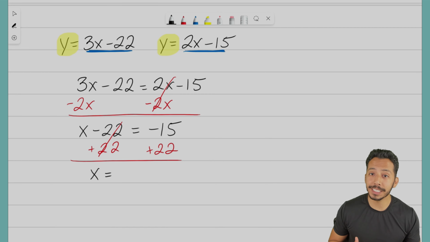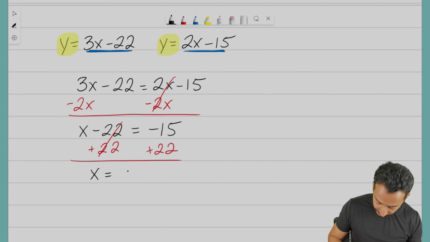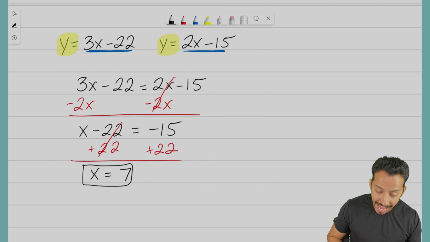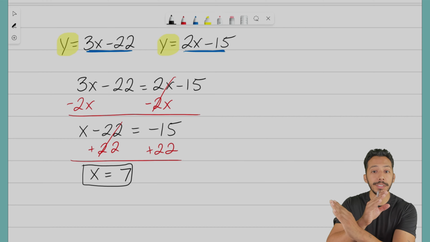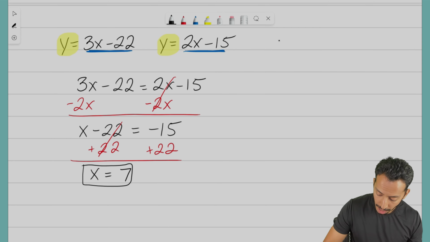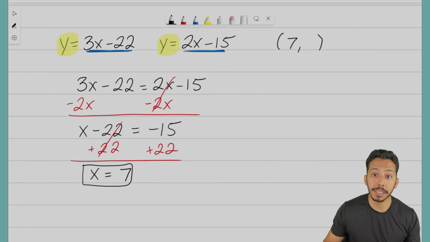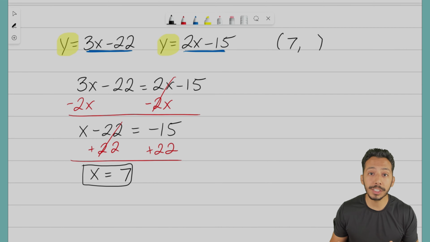If you struggle with negatives, get a calculator out, punch that in real quick. Negative 15 plus 22 will give us a value of positive 7. That is the x term for the point where these two lines intersect, right? That's a coordinate point. I'll start writing it over here: 7, comma, something. I don't know what that y term is yet, but we need to find it.